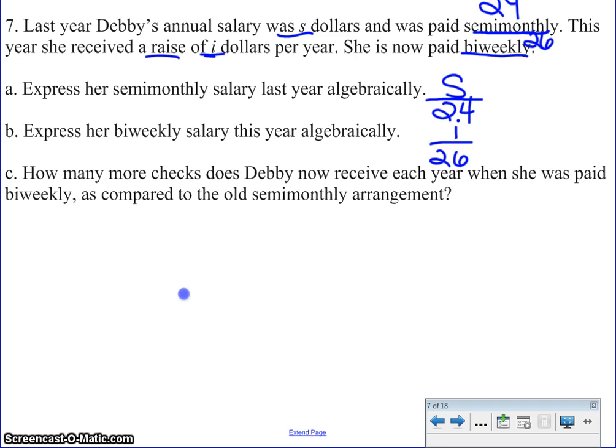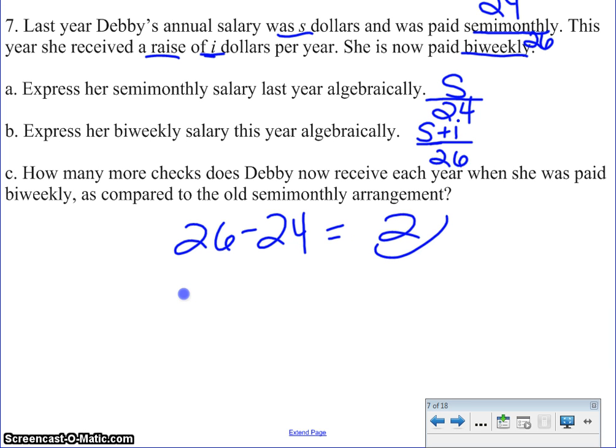Make sure you understand that when it says she got a raise, it was her salary plus that raise. So it's S plus I, all divided by 26. The third question, very easy. It says how many more checks does Debbie now receive now that she's paid biweekly compared to semi-monthly? Well, she did get 24 checks. Now she gets 26. So now she gets 2 more checks.